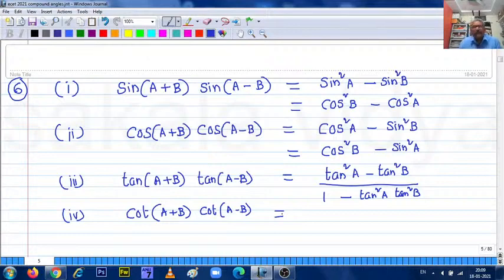Ibrahim Khalil. So till the end of the session you need to concentrate. Introduction part is very important. So this is cot square A multiplied by cot square B minus 1 upon cot square B minus cot square A, you will be getting.